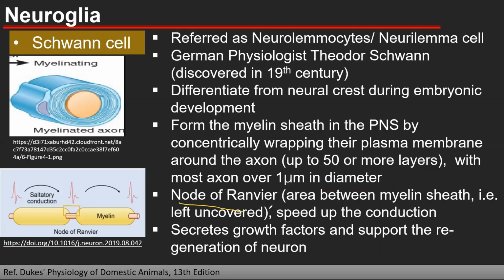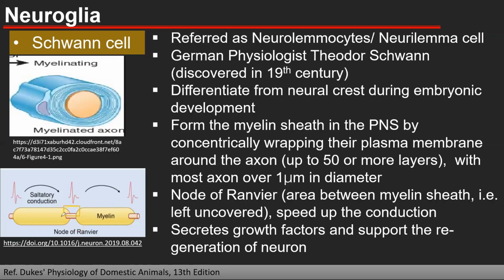The node of Ranvier is the area between the myelin sheaths. This is the node of Ranvier, the area left uncovered by the myelin sheath, by the Schwann cell or the oligodendrocyte in the CNS.